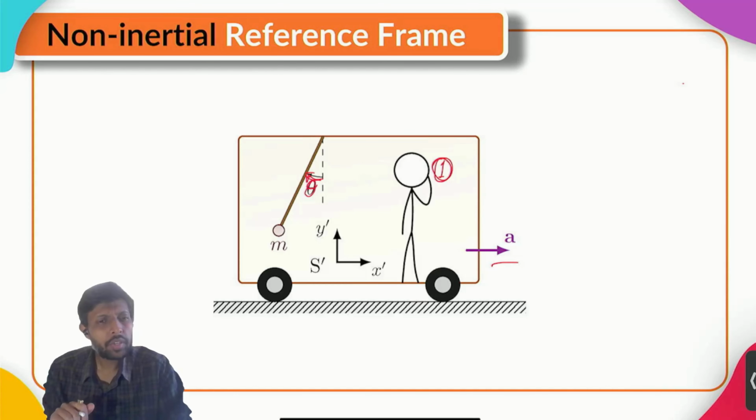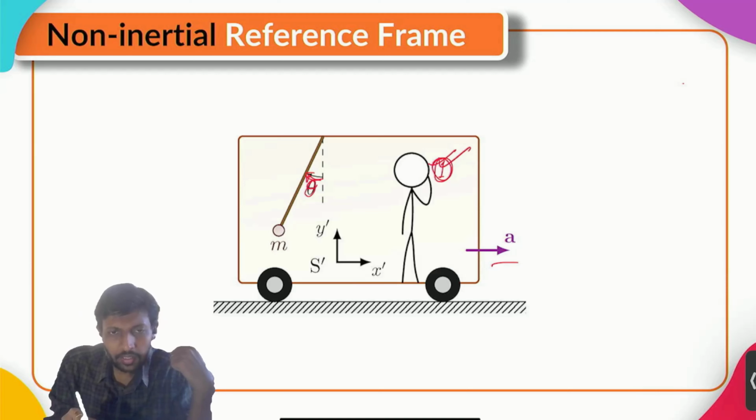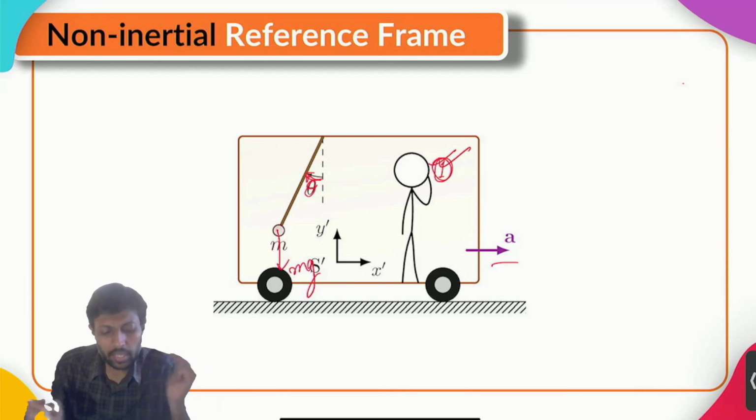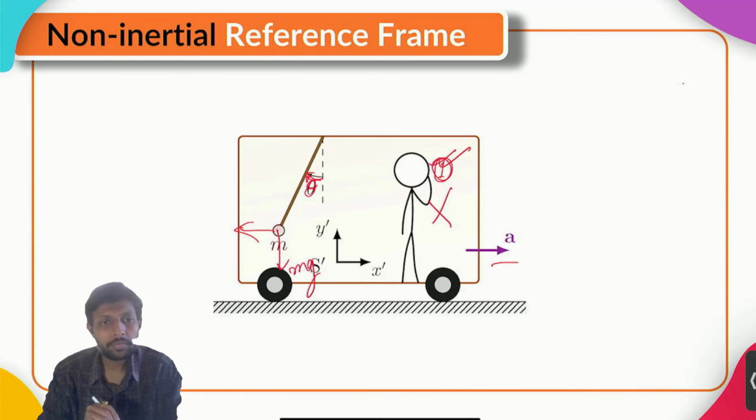And he can't seem to figure out the answer because the only force this person can see is mg acting downwards, or the gravitational pull of the earth. There is no force acting towards the left side. So why did the pendulum swing towards the left side? This person is not able to answer it.